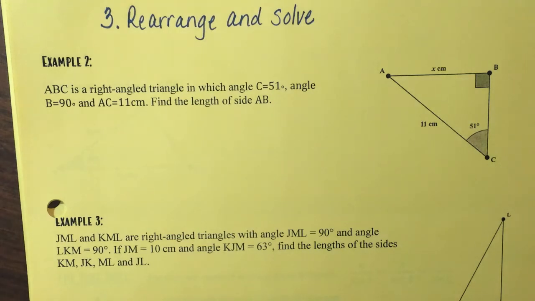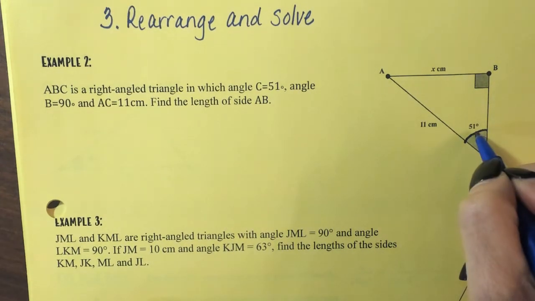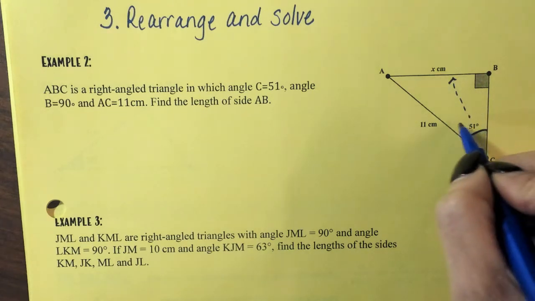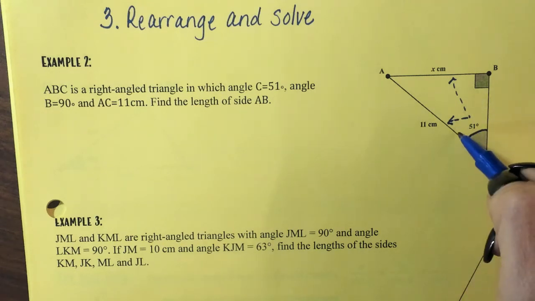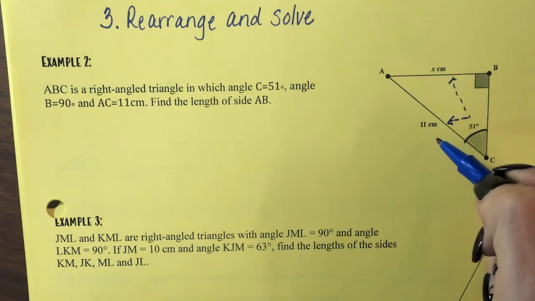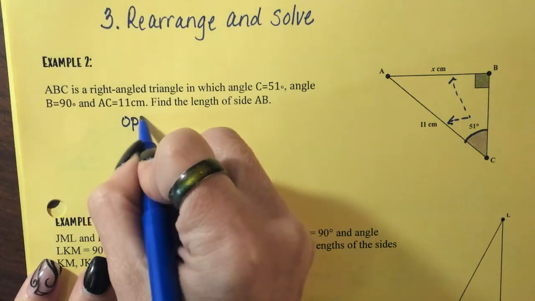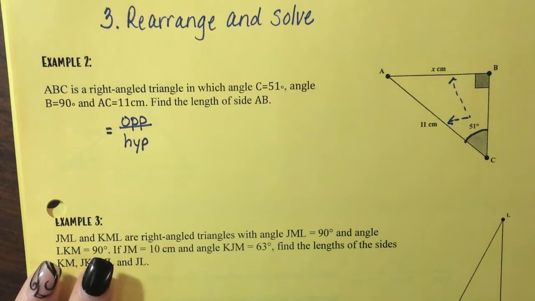So I have to look at it and I go, okay, I've labeled it. Now I need to identify, is it SOH, CAH, or TOA? So I've got the angle here. I am trying to find the opposite side. This over here is the hypotenuse. So I'm using opposite and hypotenuse. So if I'm using opposite over hypotenuse, which trig function is that?